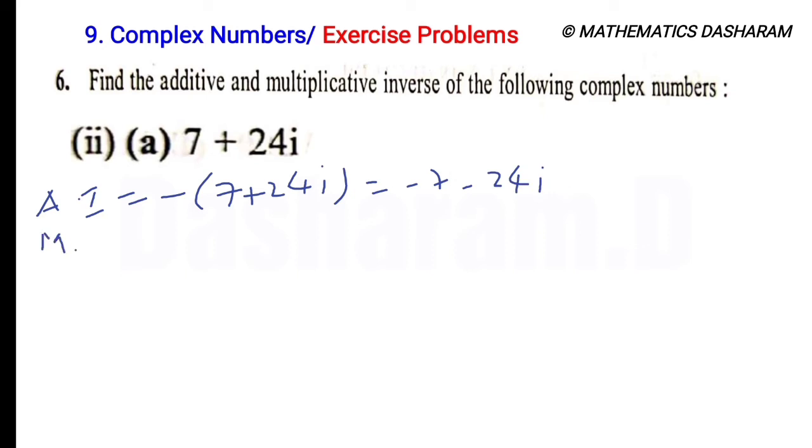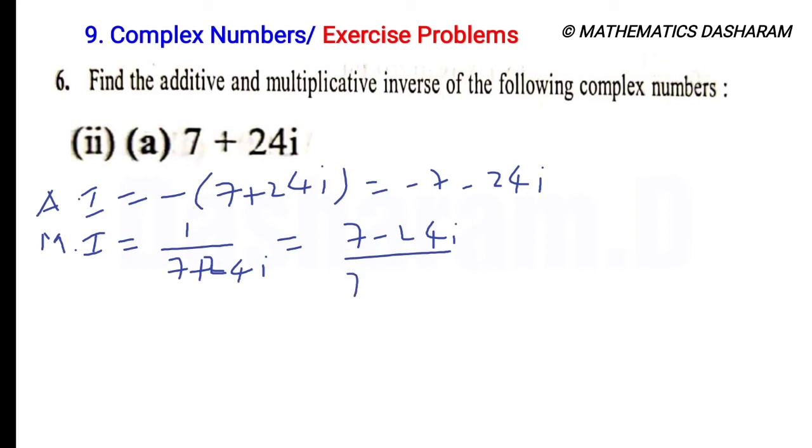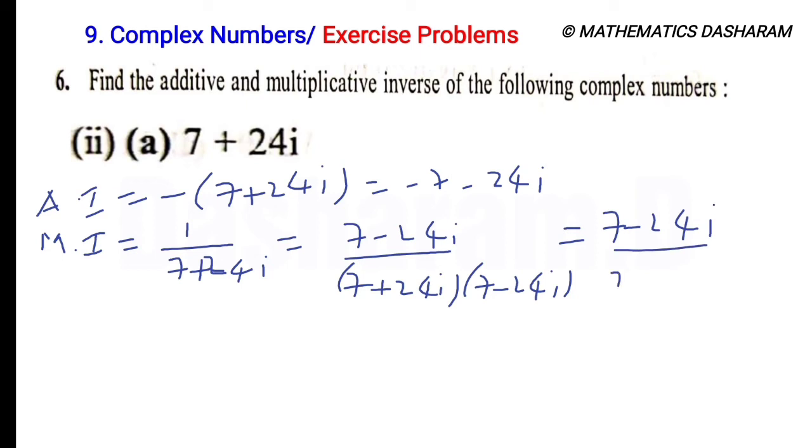Next, the multiplicative inverse, that means 1 by 7 plus 24i. So now take the conjugate, 7 minus 24i divided by 7 plus 24i into 7 minus 24i. It is equal to 7 minus 24i by 7 square minus 24i whole square.